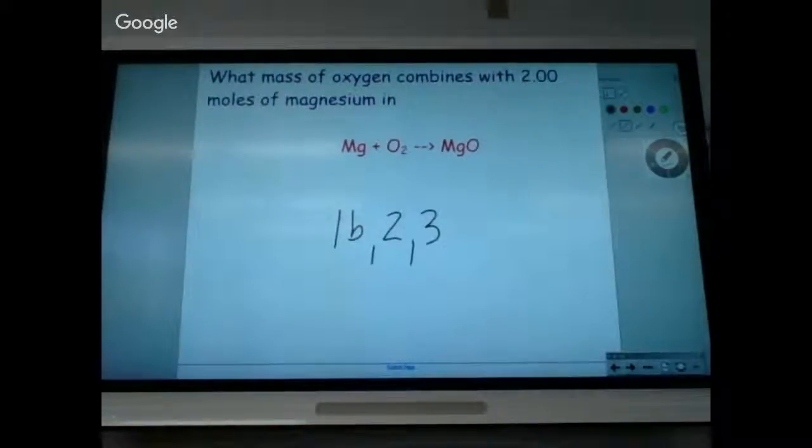Just finish number one. Then multiply everything on the bottom, divide by everything on the bottom.